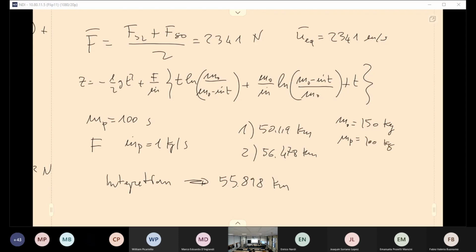Let's now consider that among these 50 kilograms left, we can have some propellant to be used with the same engine during descent. Of course, let's make the computation with constant thrust, else it becomes more complicated. But you can do it by integrating your differential equation. And we have to see if we are able to slow down to 0 velocity when we reach theta equal to 0. Okay?